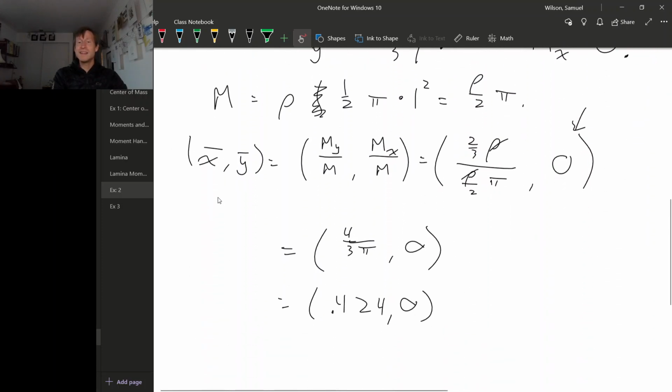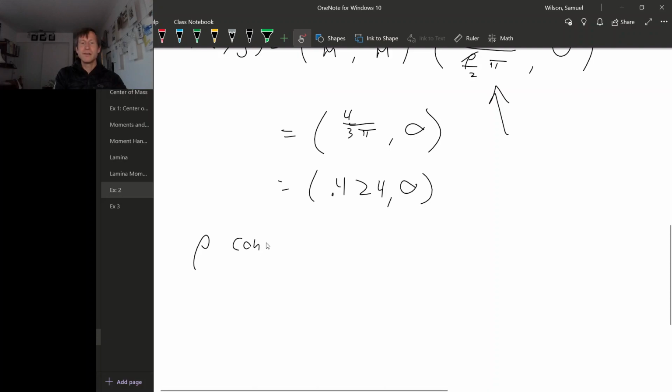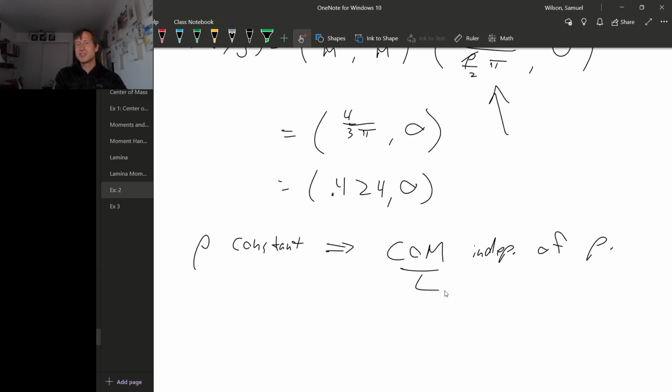Incidentally, you might notice that right here, the density canceled. It didn't matter what the density of this material was. As long as the density of the material is constant, that always happens. So if rho is constant, then the center of mass is independent of rho. And in this situation, the center of mass has a special name because it's a property not of a physical object, but purely of the geometric shape that you're dealing with.